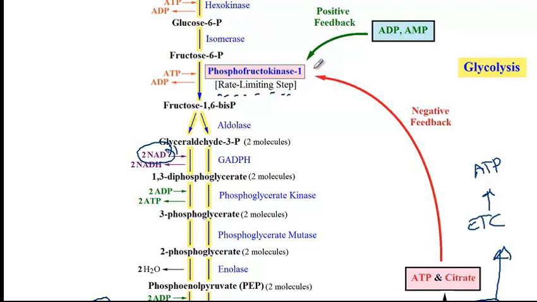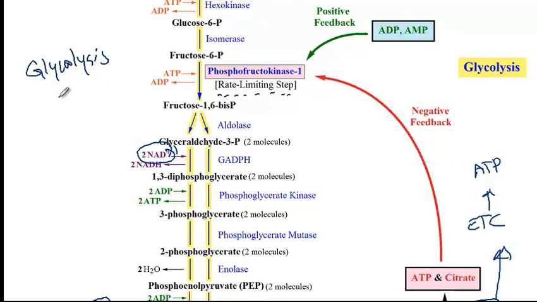The allosteric molecules that have positive effects are ADP and AMP, and the allosteric molecules that have negative effects, meaning they would suppress this enzyme, are ATP and citrate. And you will see we will do many more examples of how different hormones or different allosteric molecules affect the rate limiting enzymes. But instead of memorizing all these molecules, I want you to know the concept. So what's the purpose of glycolysis?